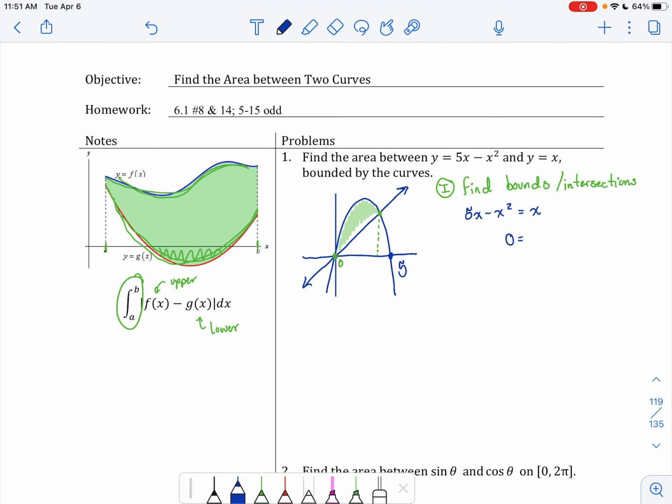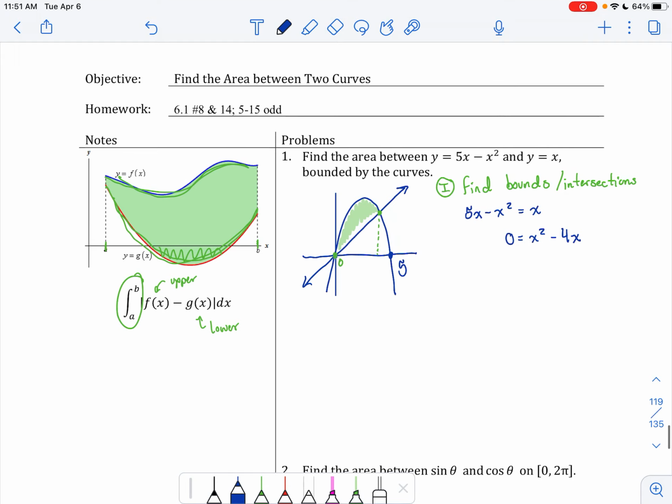So in this case, I'm going to say 0 is equal to x squared minus 4x, because I'm going to add over the x squared and subtract 5x. So then 0 is equal to x times x minus 4, which tells us that our intersections are at x equals 0, which you can see nicely in the picture, and the other one is at positive 4, giving us our 2 bounds.